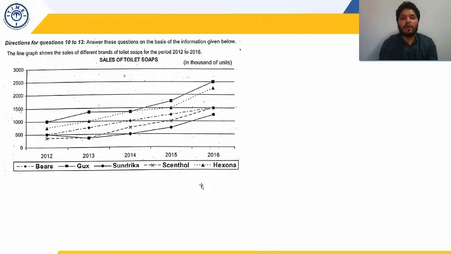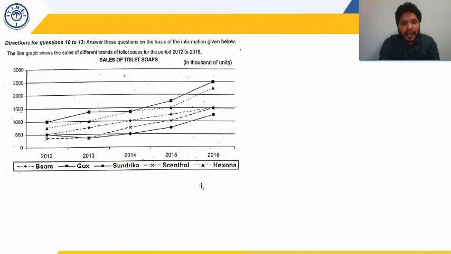So you need not worry about how much to take for Sundrika in 2013. You can take 300, 400, but obviously this is more than half, so you have to take more than 250. You can take 300, 400, 450, 350, whatever you want. It will not change or disturb our answers. So the sale of Sundrika in 2013 is less than 500.